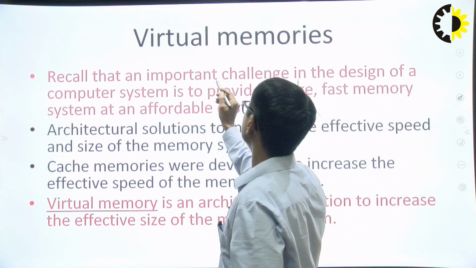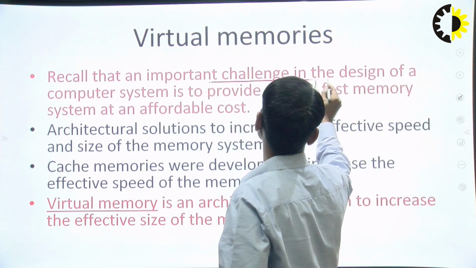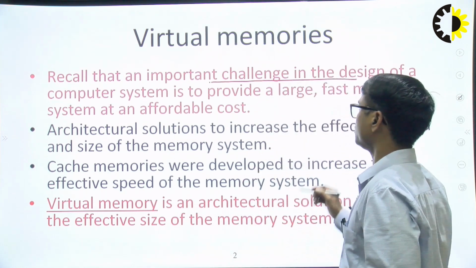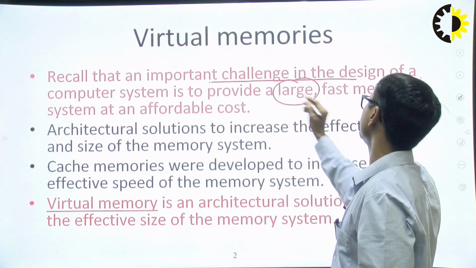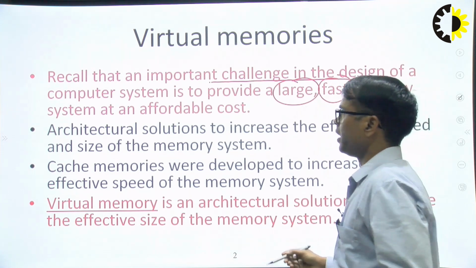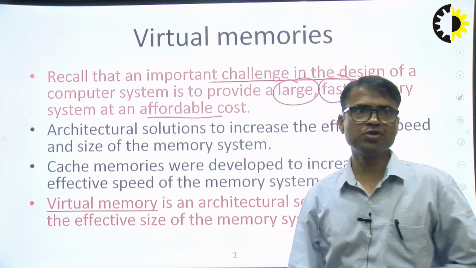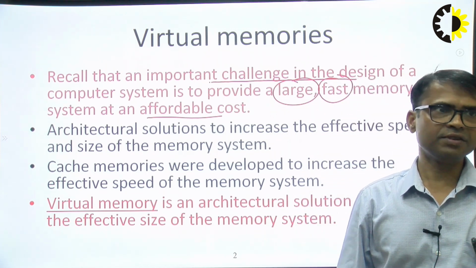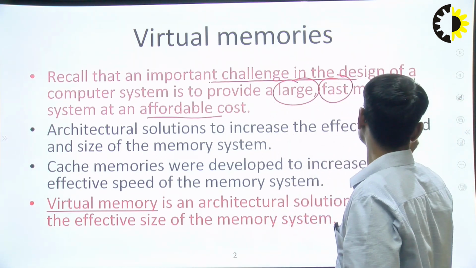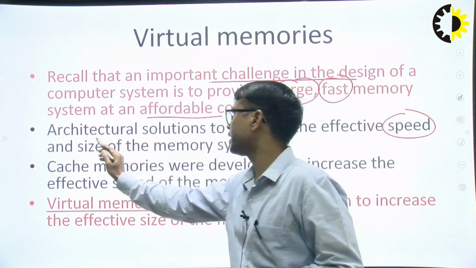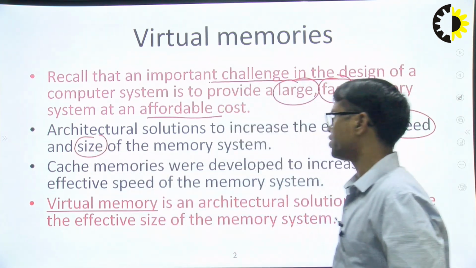We know that there is an important challenge in the design of a computer system: to provide a large and fast memory at an affordable cost. So an architectural solution that increases the effective speed and the size of the memory is a requirement for the system.